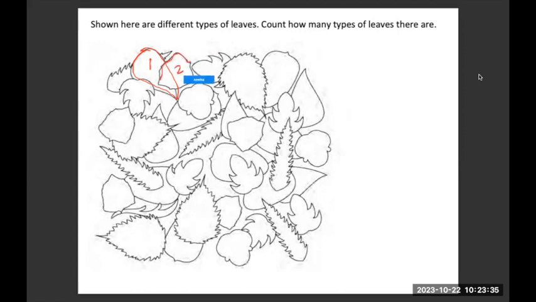So 2. This and this leaf are the same, but this is showing the whole picture. So I'm just going to write 3 here. This is a different leaf. So I'm going to write 4, which is only happening once. This is a different leaf, which is repeating a lot of times. So 5. This is a different leaf. I'm writing that 6.